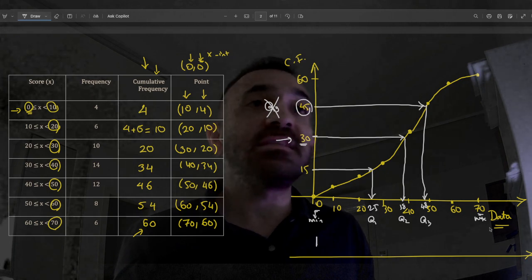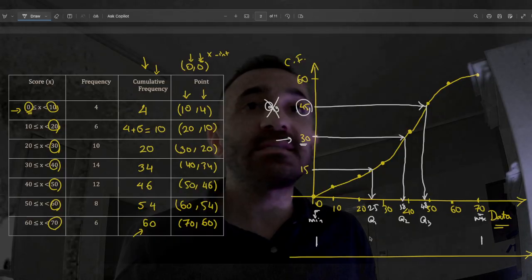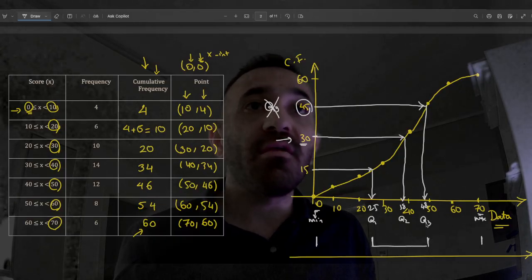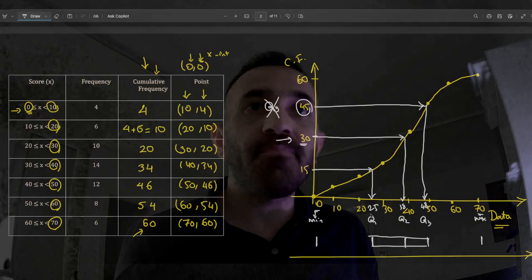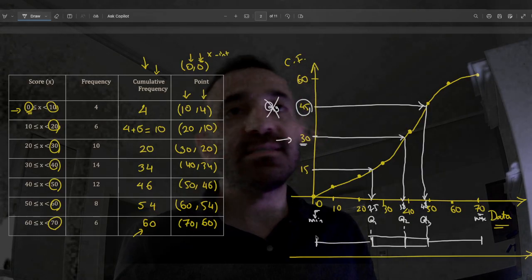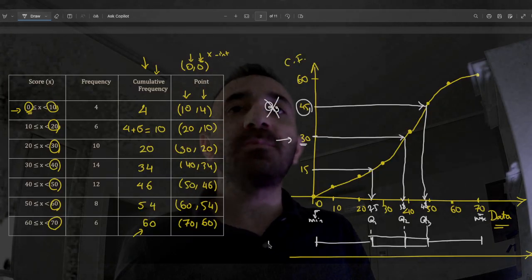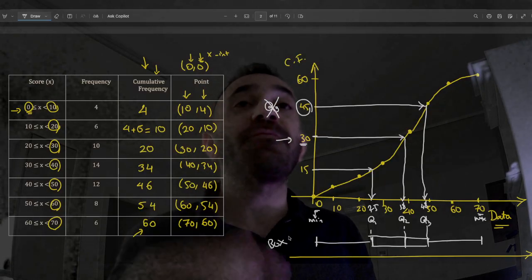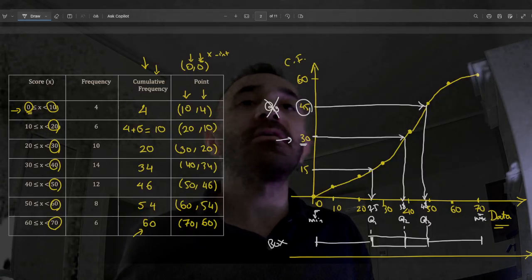Now, can I draw the box and whisker plot? Why not? This is the minimum. This is the max. This is Q1. This is Q3. This is Q2. So these are my boxes, and that's it. This is the box plot of this data from the cumulative frequency curve.